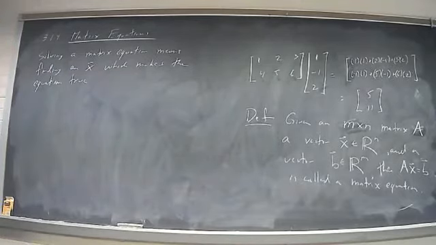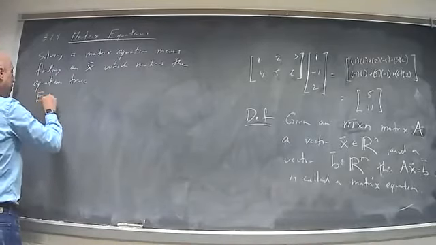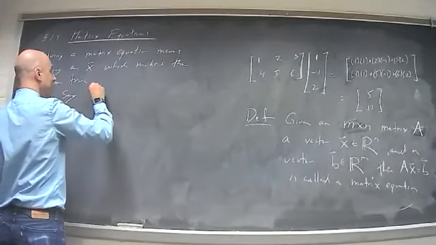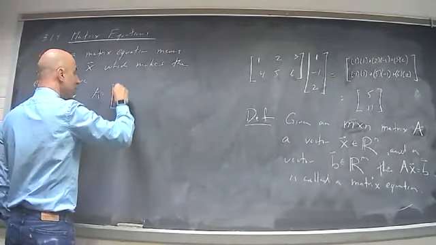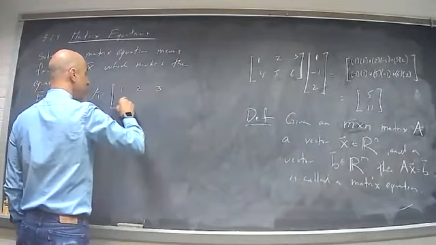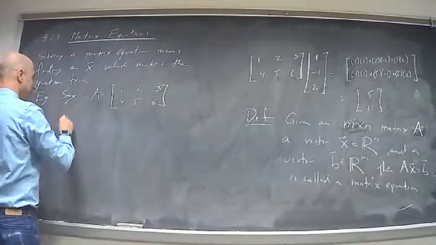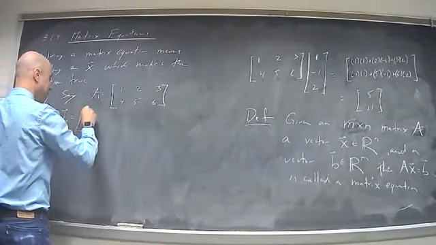So for example, say A is equal to [1, 2, 3; 4, 5, 6], and let's say b, just for laughs, is equal to (5, 11).